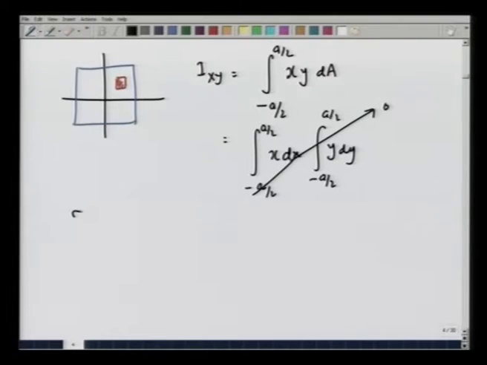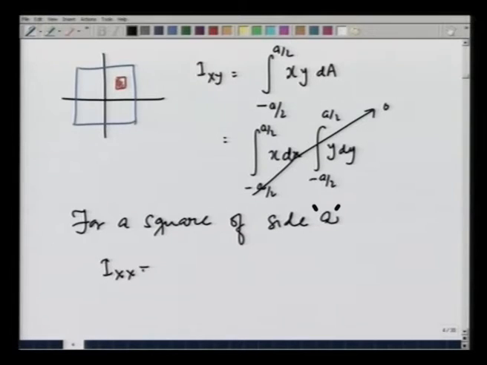So, for a square of side A, I x x equals I y y equals a raised to 4 over 12, and I x y equals 0.